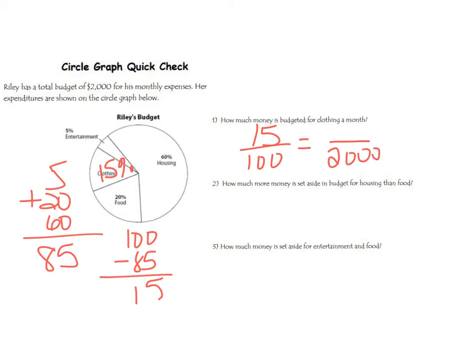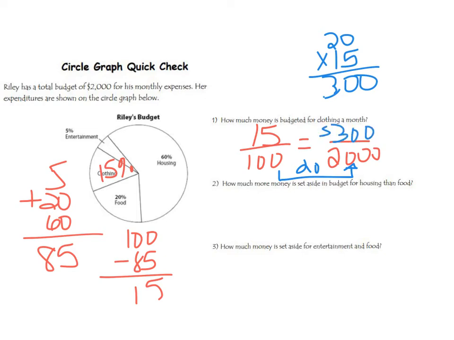We could do scale factor, so how many times does 100 go into 2,000? 20. So then I could multiply 20 times 15. So that's going to be 300. So that means that out of her budget, $300 is dedicated for clothing.